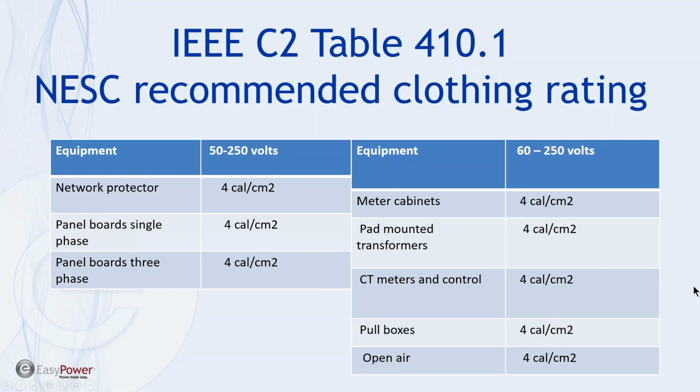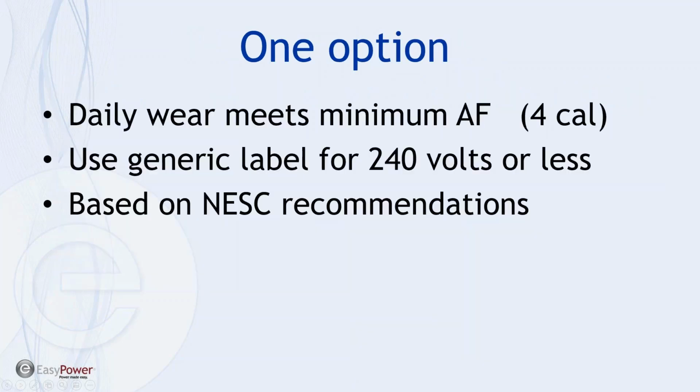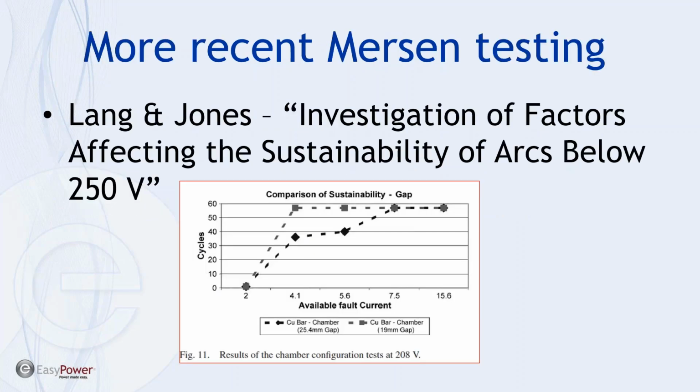That's one way of looking at it. So the daily wear for our company now would be 4 calories, and I could use a generic label for the low voltage systems as long as there's no exception to that rule, and the justification is based upon the NESC recommendations. That's one approach.